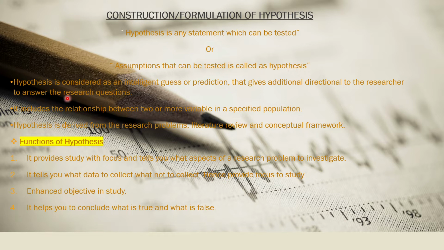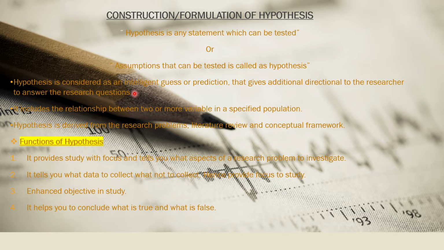Now, hypothesis is considered as an intelligent guess or prediction that gives additional direction to the research question. What it actually means is that a hypothesis is always a sub part of the main research problem on which you are doing the study.